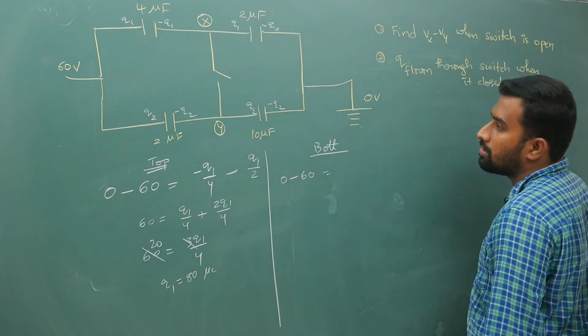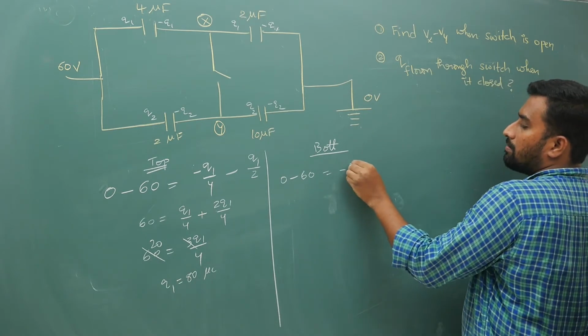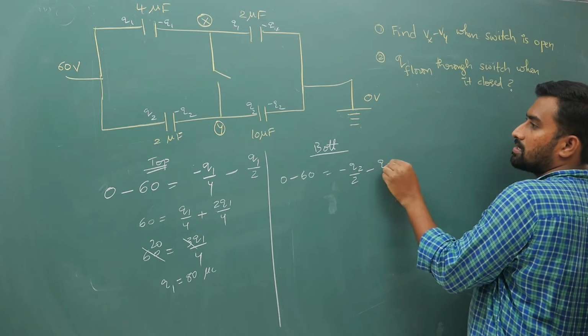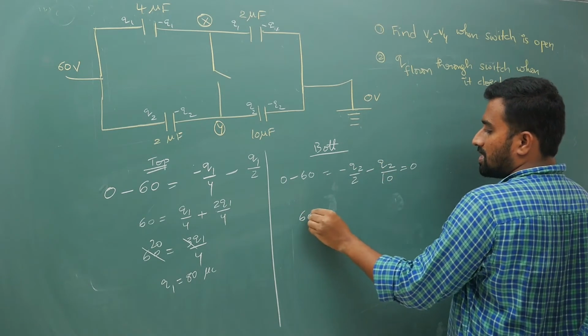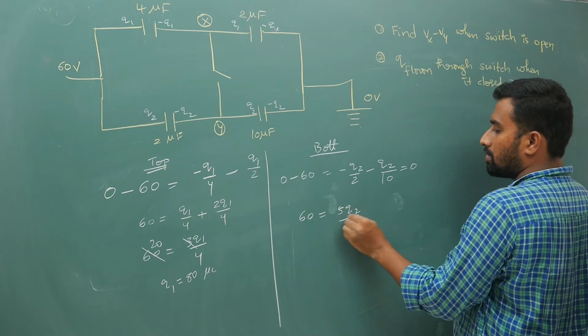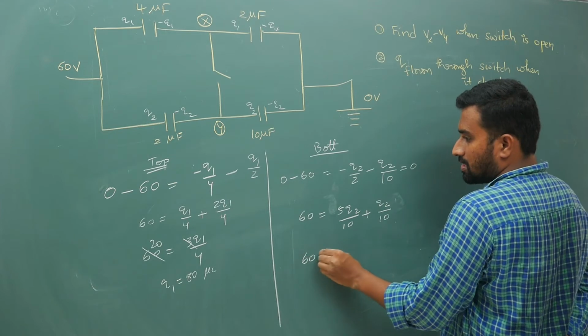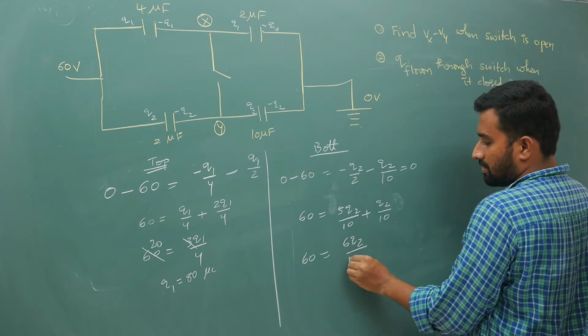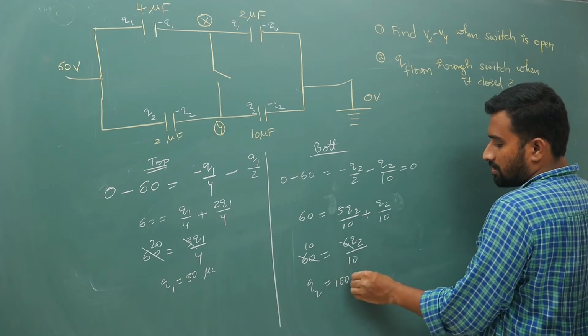So 0 minus 60 is equal to minus Q2 by 2 minus Q2 by 10. So 60 is equal to 5Q2 by 10 plus Q2 by 10. So 60 is equal to 6Q2 by 10, 6 ones, 6 10s. So Q2 is equal to 100 microcoulomb.